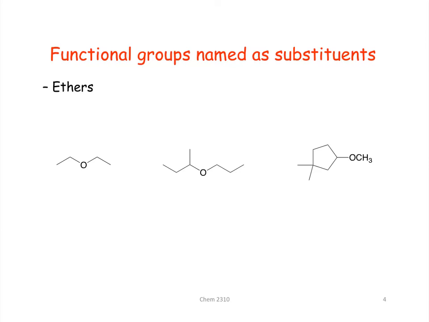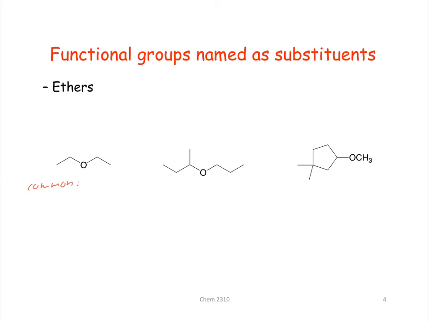So the ethers we're going to treat as a substituent as well, but on this first one, I'll show you what is oftentimes done as a common name. And remember, I won't test you on this, but you'll probably hear it sometime.